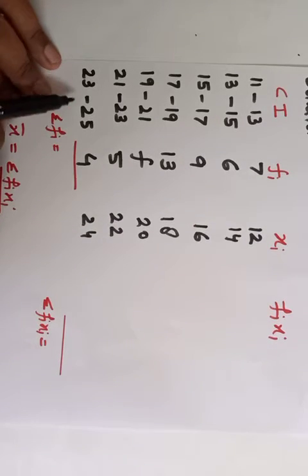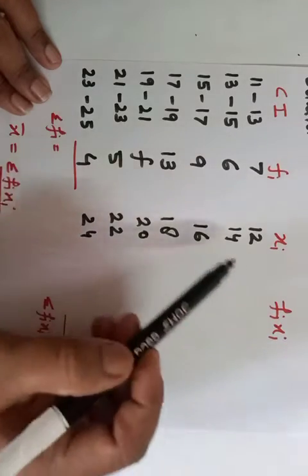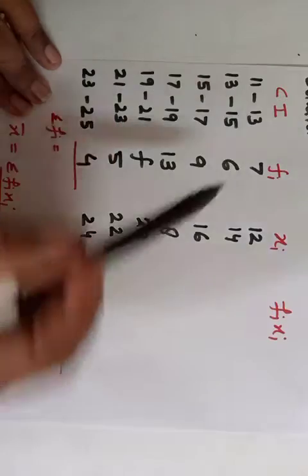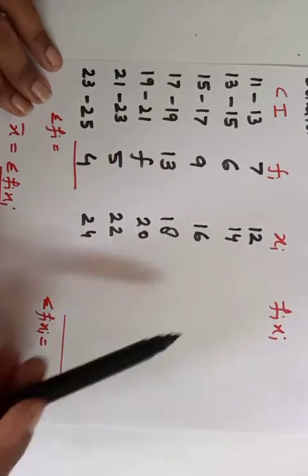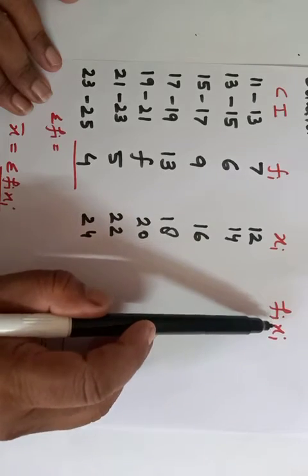You can recheck, 23 plus 25 is 48 upon 2. When there is a difference of 2 between the classes, there is also a difference of 2 between the class marks. So now we have to find fi into xi.